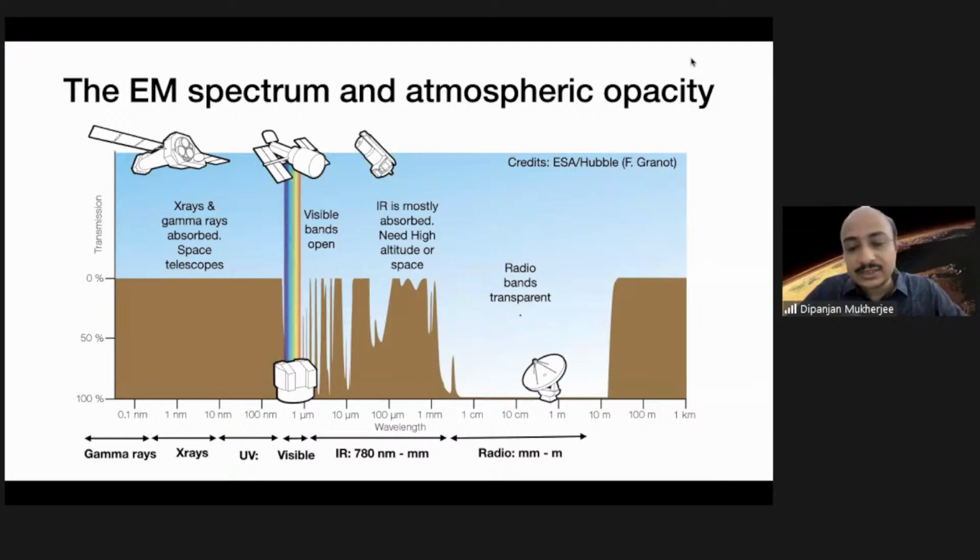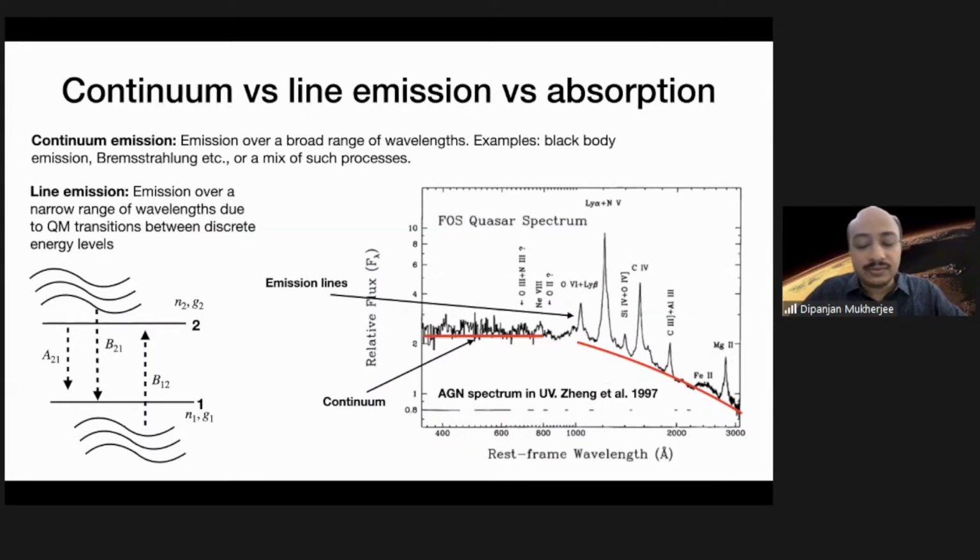As I will discuss soon, a given astrophysical object can emit over a broad range of wavelengths, from extremely high energy photons to very long wavelengths as well. So this is the transmissibility of the EM spectrum, and this is how we decide what to observe and where to observe it from.